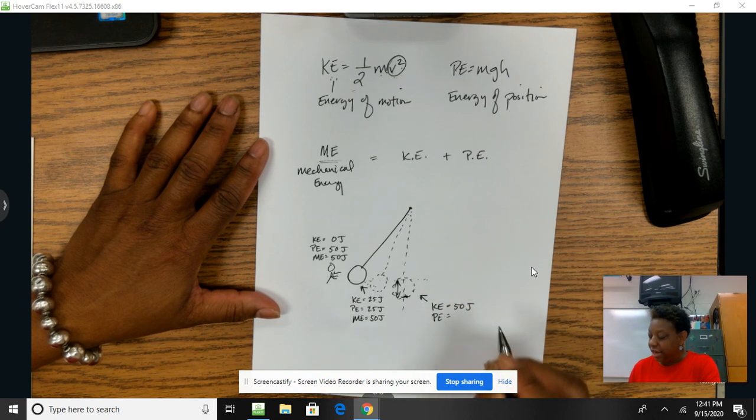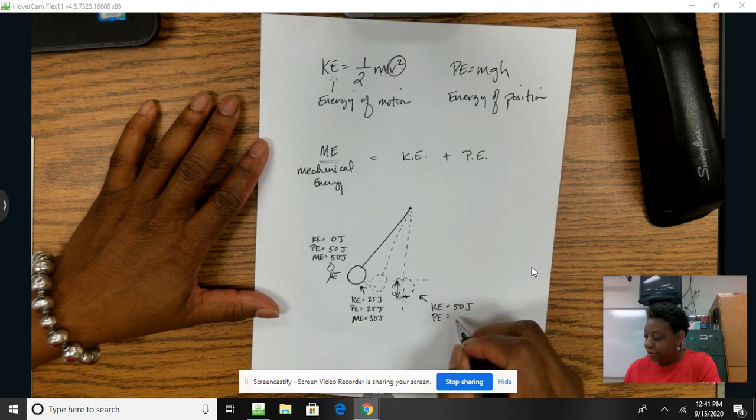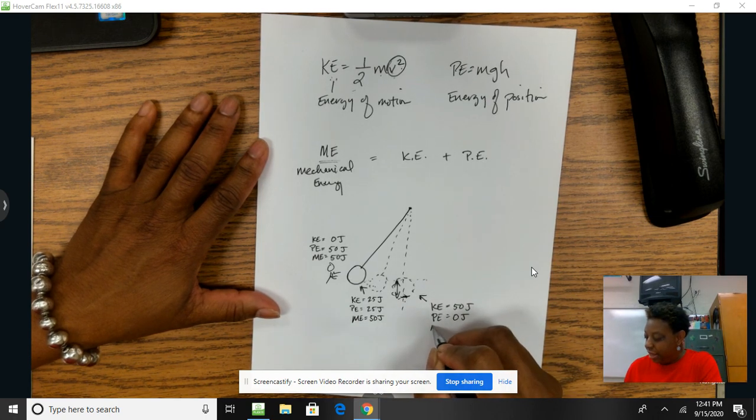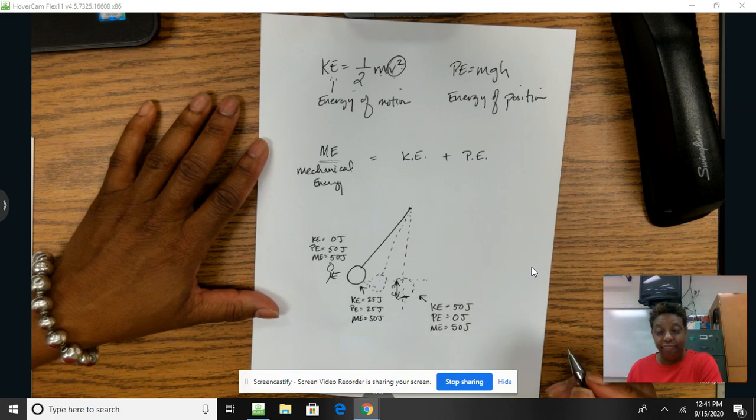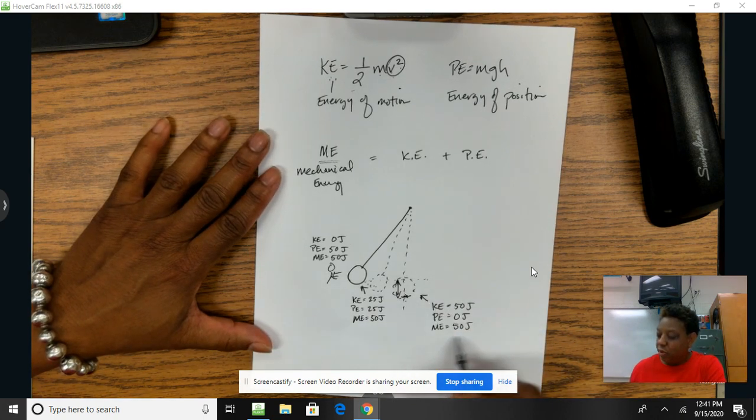The potential energy, it's at its lowest point, so it can't go any lower. So the potential energy is going to be 0. And the sum, the mechanical energy, stays the same. Okay. So this is what we're exploring today, these relationships of potential and kinetic energy relative to the mechanical energy of a system.